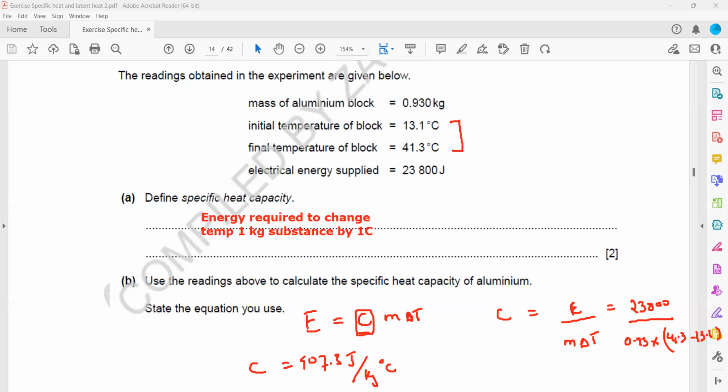So remember, in a question, if we have a temperature change, we always use this formula.